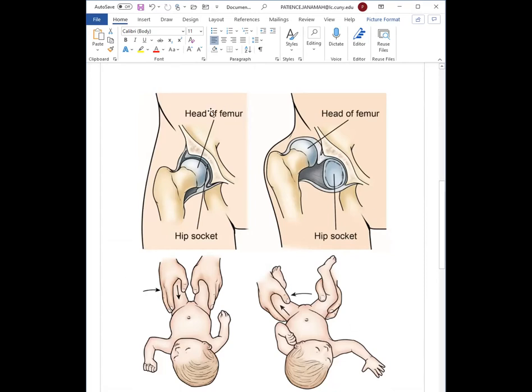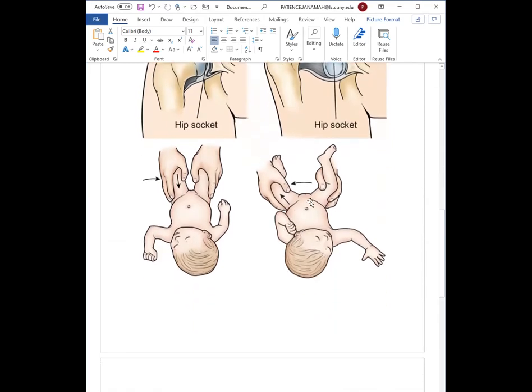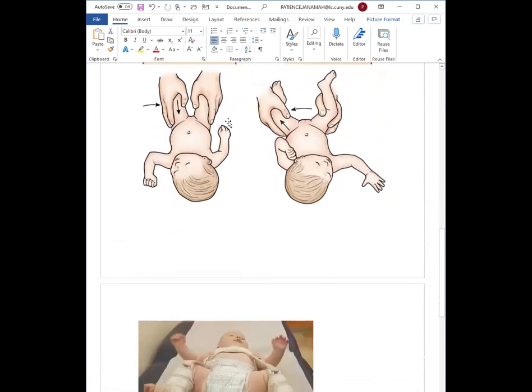Looking at this other picture I have, those of you on the recorded video may not see the picture, but those on Zoom will be able to see it. For the normal one, you have the head of the femur inserted well inside the socket, but in the abnormal one, it is out of the socket. This is a picture of how the assessment is done.